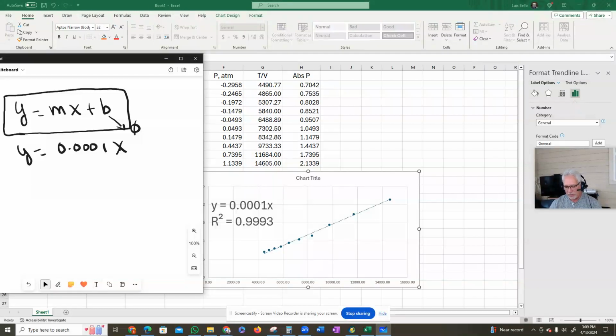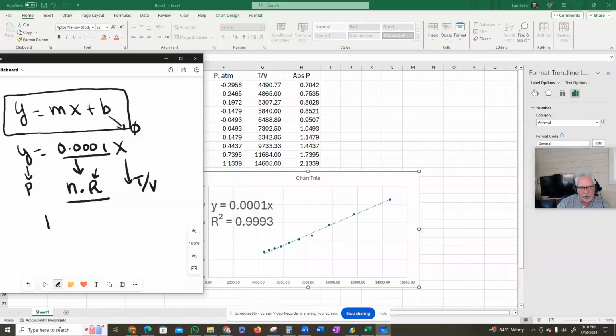And on the procedure, they give you the relationship. They say, okay, y will be your pressure, n, which is this one, will be the number of moles times the gas constant, and x is T divided by V. So this is the part where we use the slope to find the R experimentally.